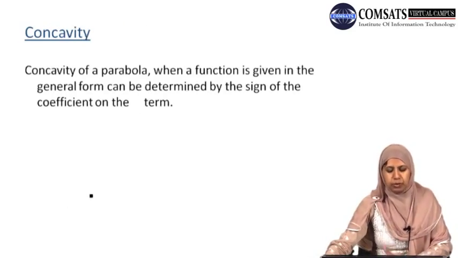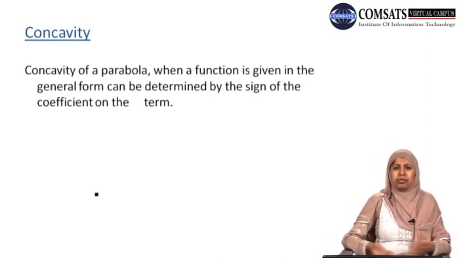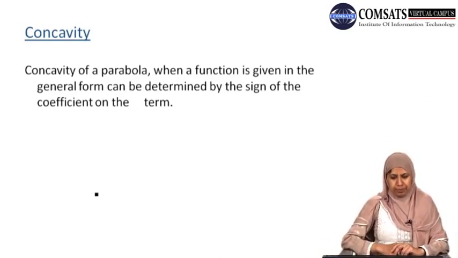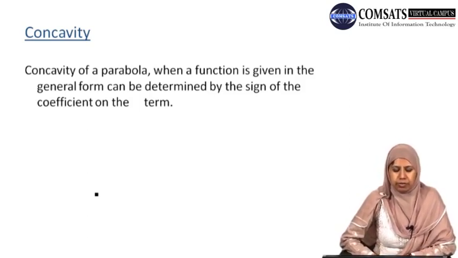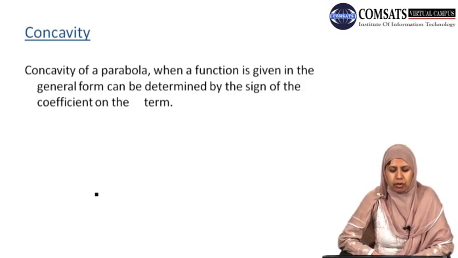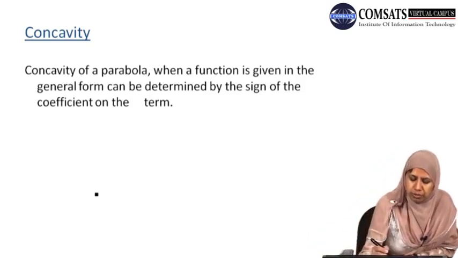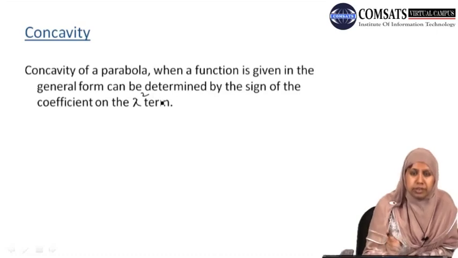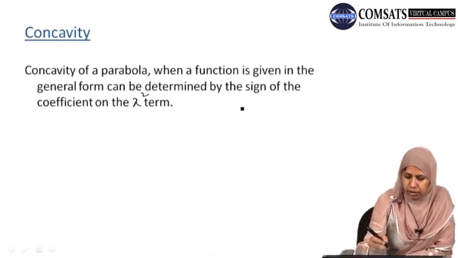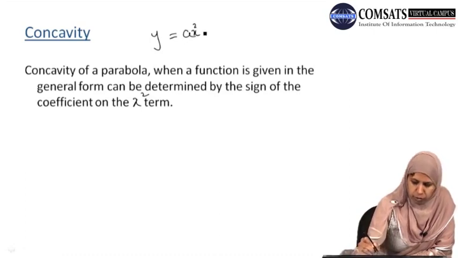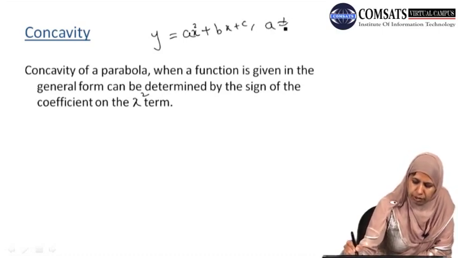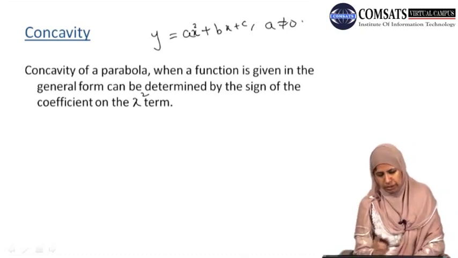Okay, first we will see what we mean by the concavity and how we can find the concavity of our parabola. So the concavity of a parabola, when a function is given in the general form, can be determined by the sign of the coefficient on the x square term. We can recall the general form of our quadratic function, which is ax square plus bx plus c, a different from 0.